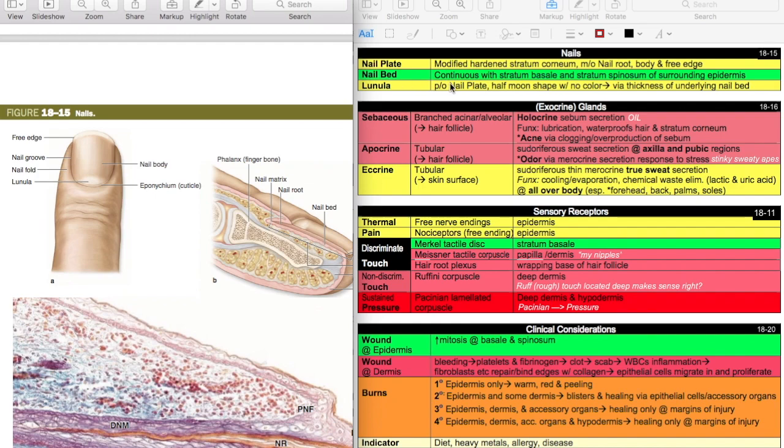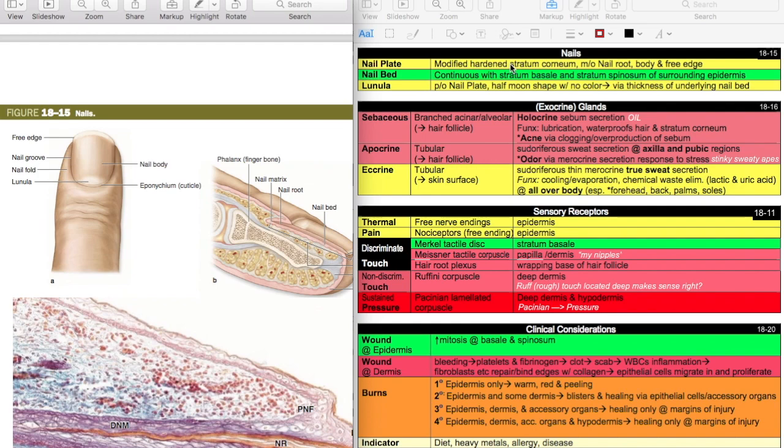But this lunula is part of the nail plate, and the nail plate is like the nail itself, what you think of as the nail. The nail plate is made out of a modified and very hard stratum corneum, which is the outermost layer of the skin that's totally dead, flat, and full of keratin.